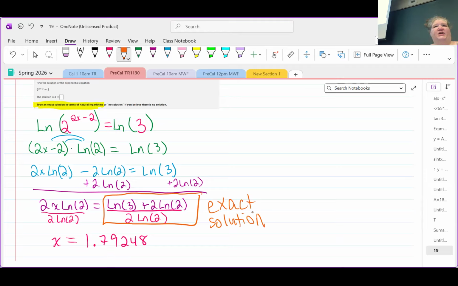The decimal is actually an approximation, even though in every other field, when they say give the exact answer, they mean the decimal approximation.